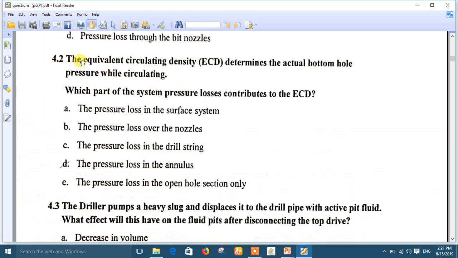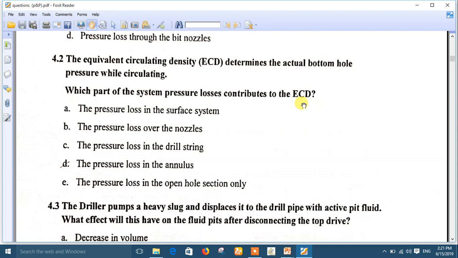Number two, the equivalent circulating density or ECD determines the actual bottom hole pressure while circulating. Which part of the system pressure losses contributes to the ECD? By the way, the pressure losses are determined by the pump pressure.